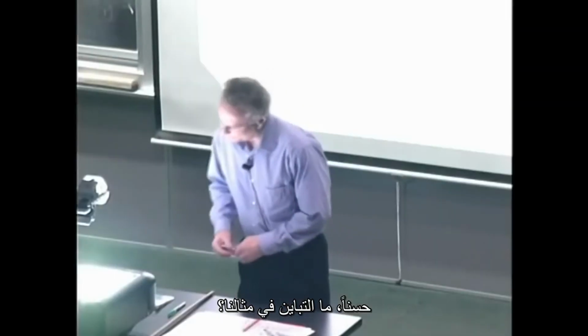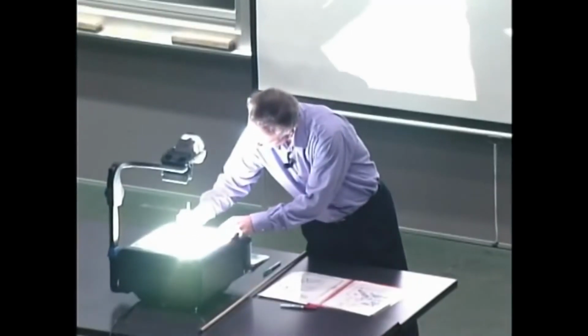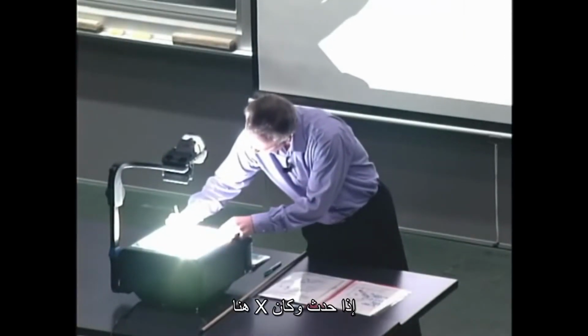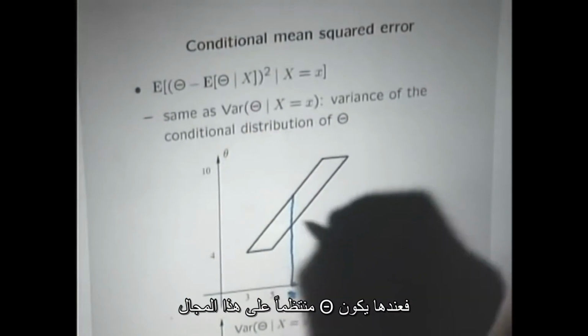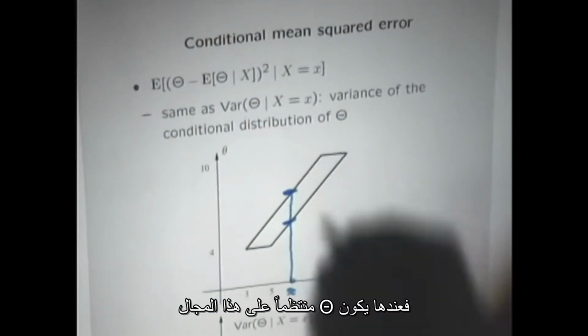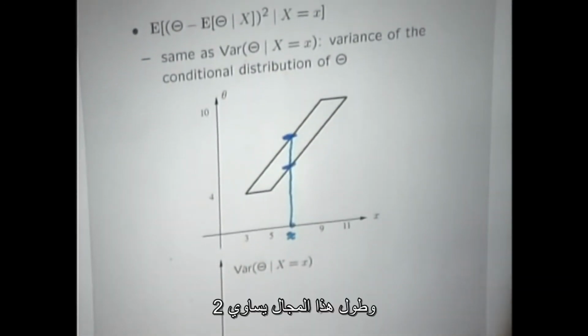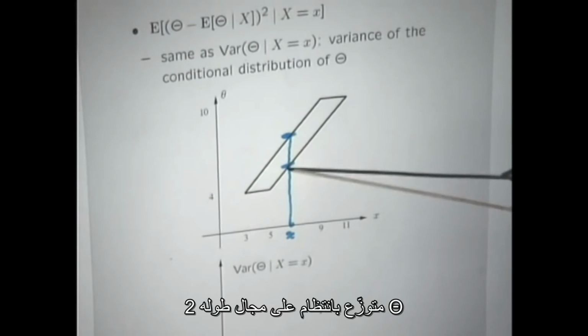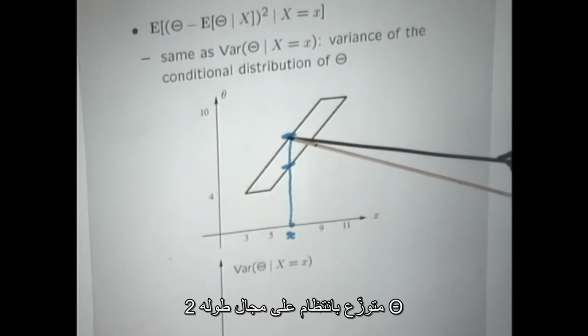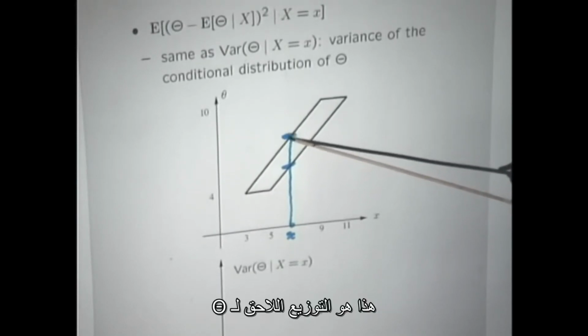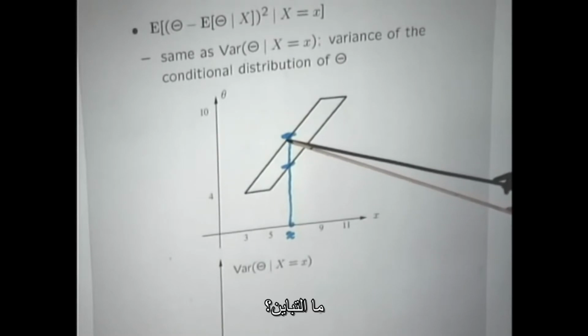Okay, so what is the variance in our example? If x happens to be here, then theta is uniform over this interval, and this interval has length 2. Theta is uniformly distributed over an interval of length 2. This is the posterior distribution of theta. What is the variance?